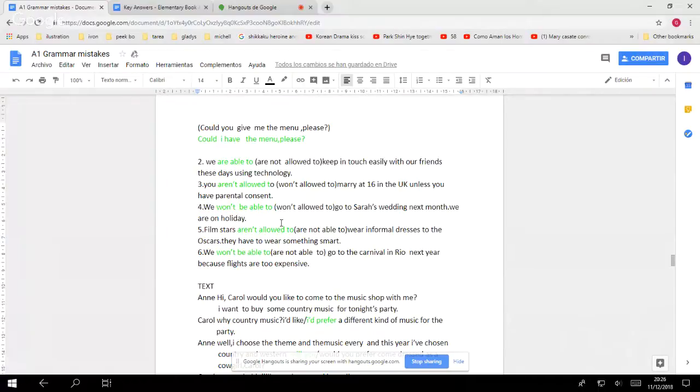So next one. Could you explain me this? We won't be able to go to the carnival in Rio next year because flights are too expensive.